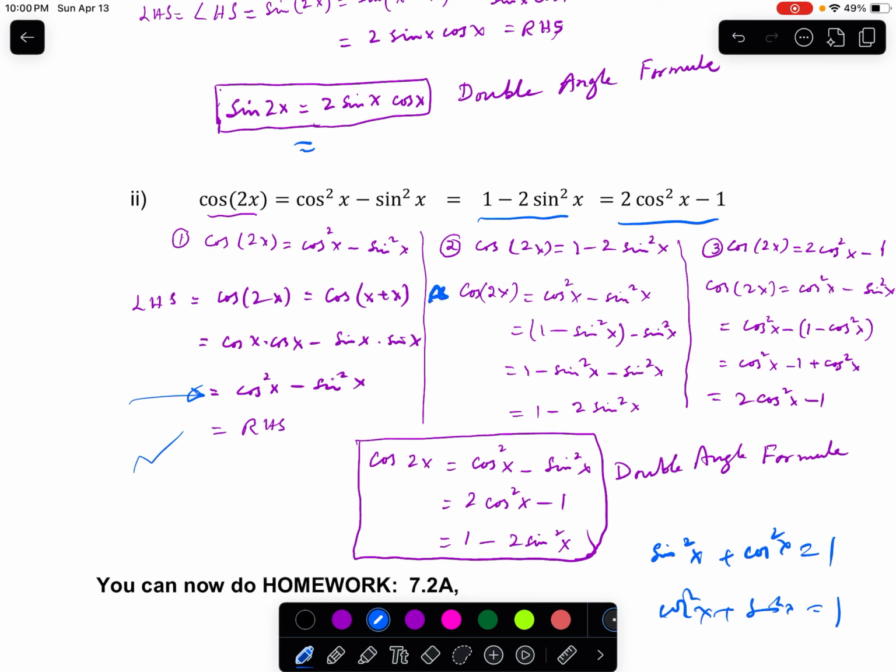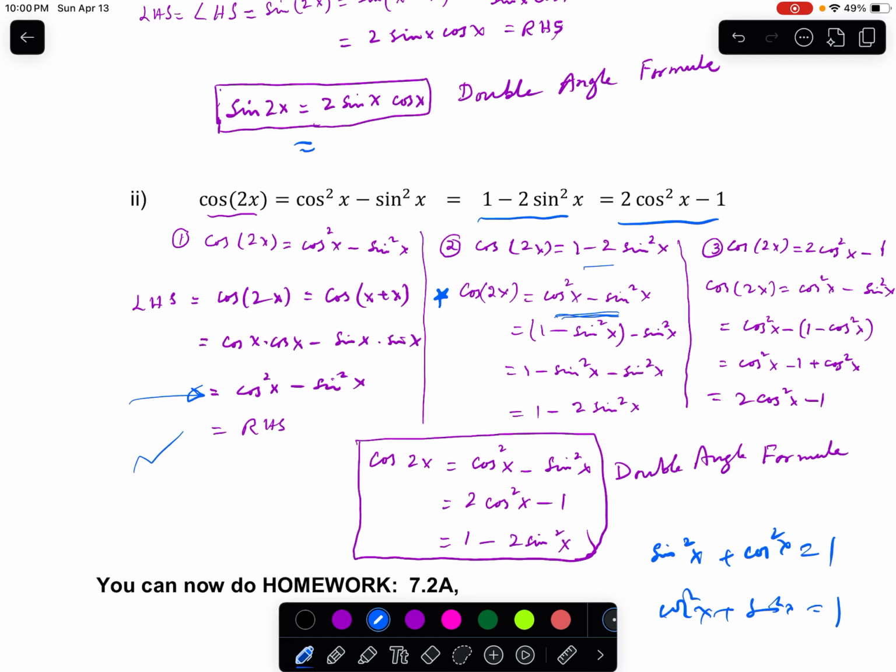We are here from the previous one. So cosine 2x is cosine square x minus sine square x. Now I want to show that this quantity actually gives me that. So if you compare these two, this is cosine square x minus sine square x.